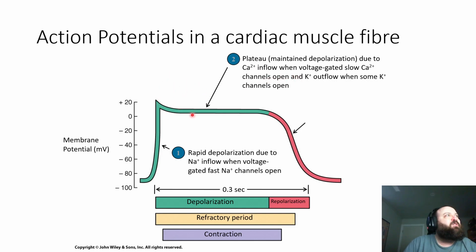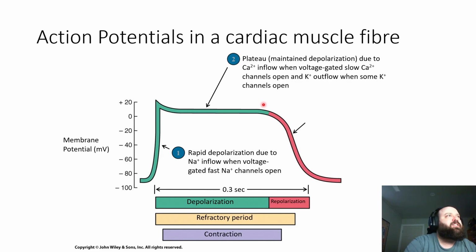So yes, even though voltage-gated potassium channels are opened up here at the peak of the action potential, that outflux of potassium ions is offset by the influx of calcium ions into the cell, and you get this temporary plateau phase right here where your cell is indeed losing potassium, but it's still gaining positive charge because of the calcium inflow.